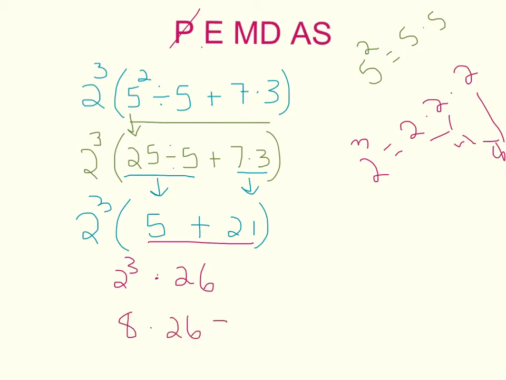So that's all we have to do to get our final answer. Let's see, 26 times 8. Made a little mistake. Alright, 26 times 8. 6 times 8 is 48. And then 8 times 2 is 16, 17, 18, 19, 20. So 208 is our answer.